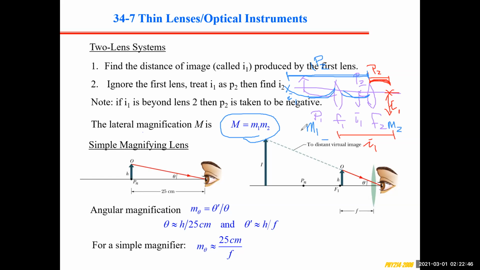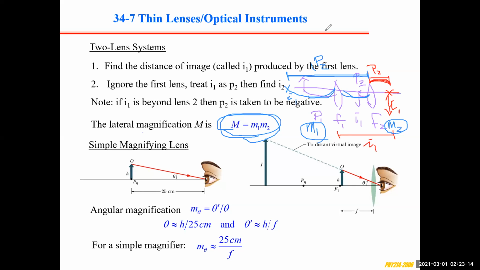You calculate each individual M1 and M2, and then you multiply them together to get the total magnification of the two lens system. Remember, when your M is negative, the image has been flipped, and you may flip once or twice for a two lens system. So it really depends on the sign of M1 or M2.